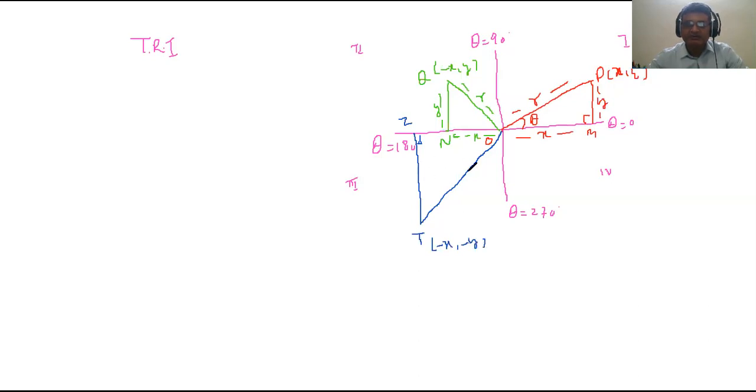So this OZ is going to be -x, and EZ is going to be -y. Now we are taking a triangle in the fourth quadrant.